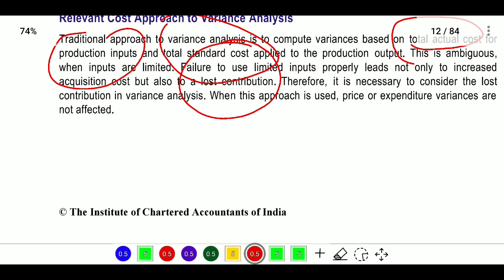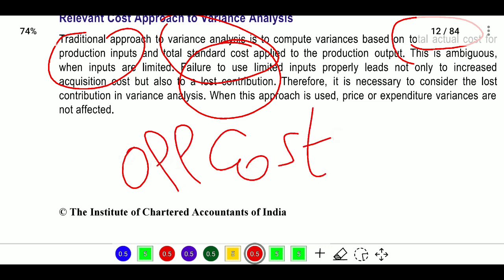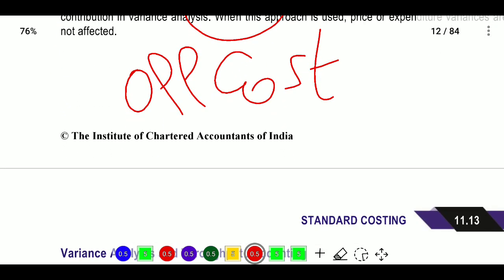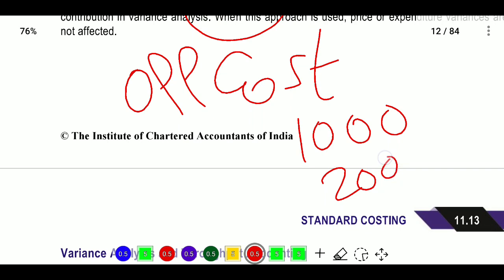Lost contribution is like an opportunity cost. If you are doing one business and you want to shift, for example, your normal capacity was 1000 and internally we want to use 200.